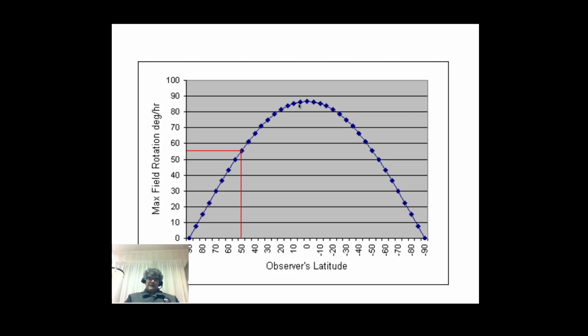As you get to higher latitudes towards the poles, the maximum rate of field rotation gets less, until at either the North Pole or the South Pole, there's no field rotation. So if you put your observatory and telescope at the North or South Pole with an Alt-az mount, you don't need a field derotator, nothing to worry about. The problem is fixed. You've just got to live at the North or South Pole.